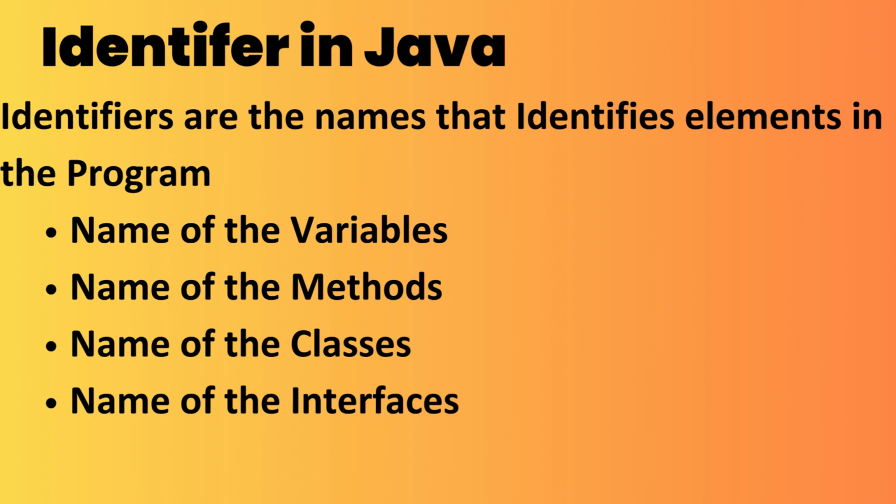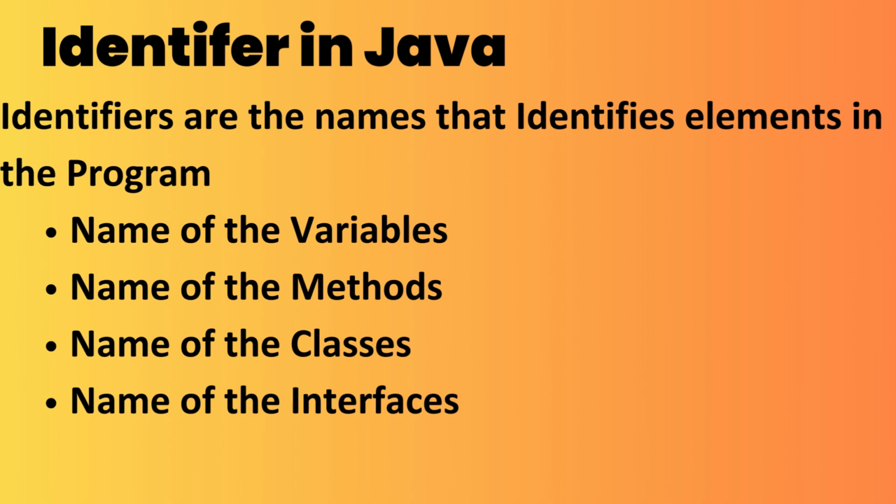If we take human beings, there is a specific name that identifies each person. For example, Ram, Sita, Lata are three persons. These three persons have a specific identification by their names, which is nothing but the identifier.